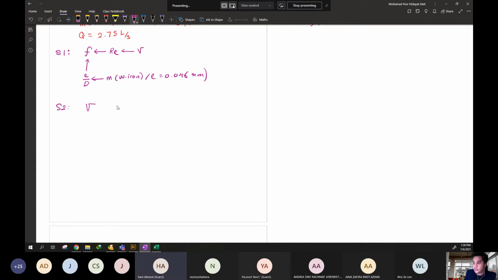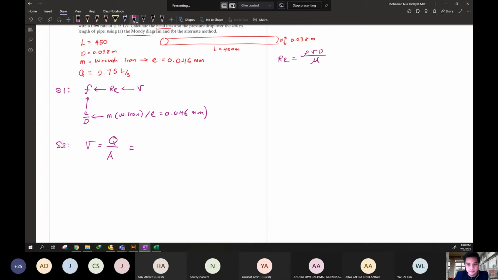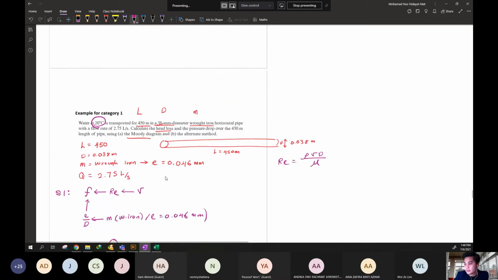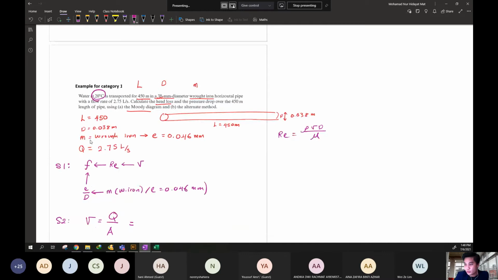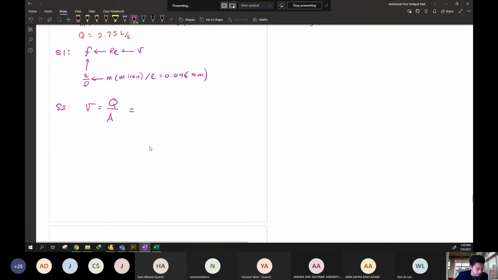From the volume flow rate, Q over A. So Q equals AV. This one I rearrange. The flow rate is given, 2.75 liter per second.